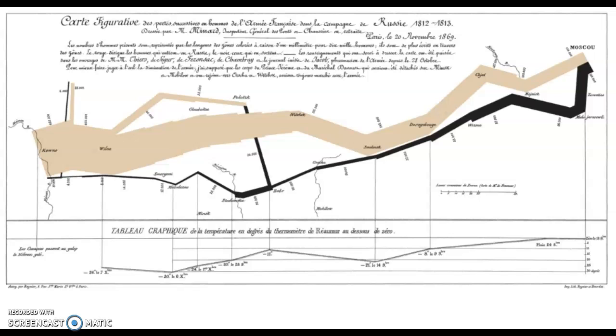Now the black line shows the army retreating from Moscow back to Poland. By that point, a lot of fighting was really done. These lines right here show you the frigid temperatures, because now it's winter.